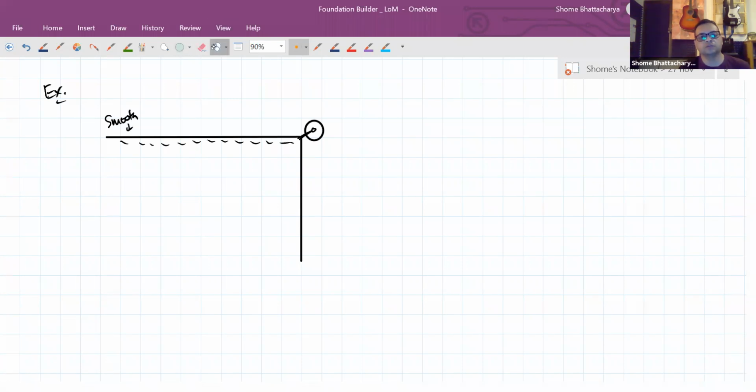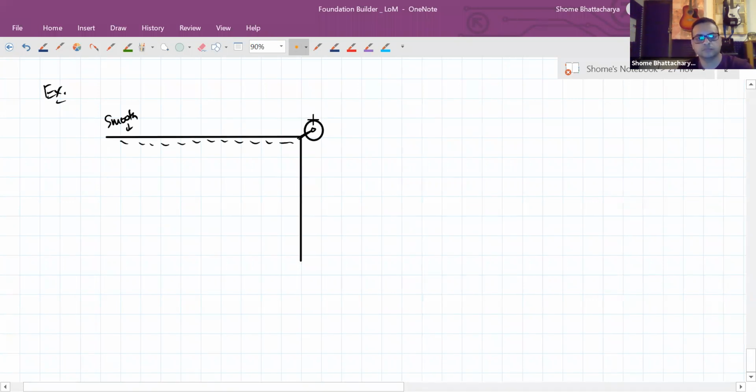Now we are using a light thread which goes around the pulley. So one end of the thread is attached to a block here, and the other end of the thread is attached to a block here. Let's say these are blocks A and B.